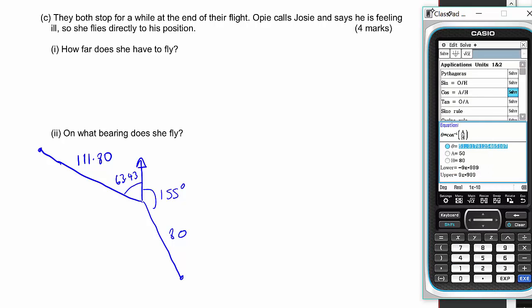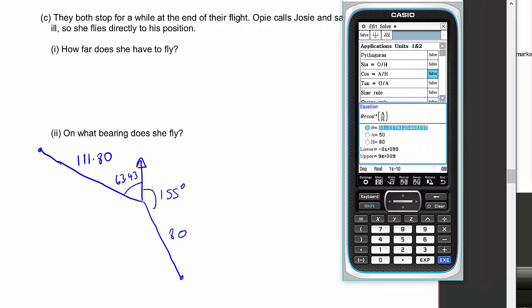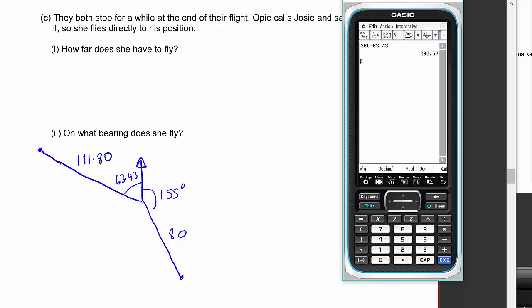So if we do 360, take away 63.43, take away 155, that gives us 141.57 in here.